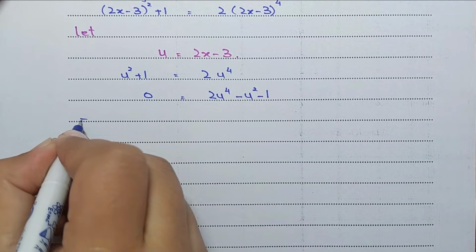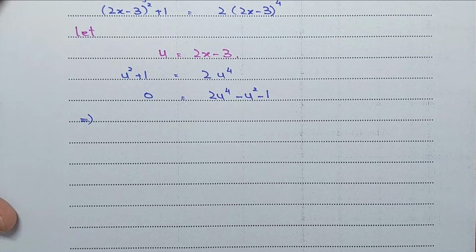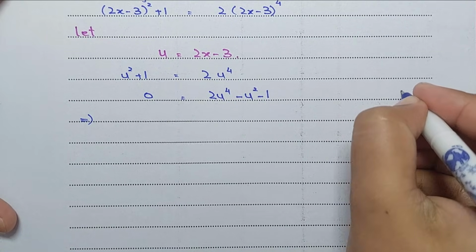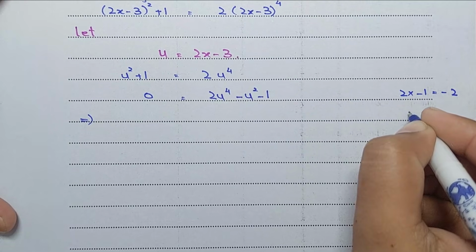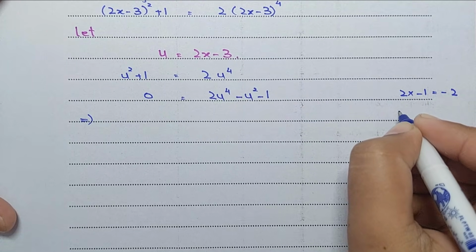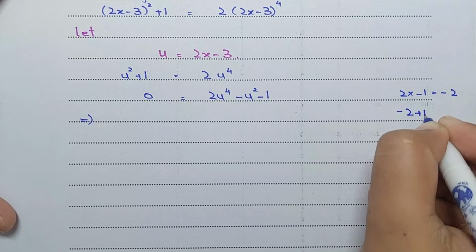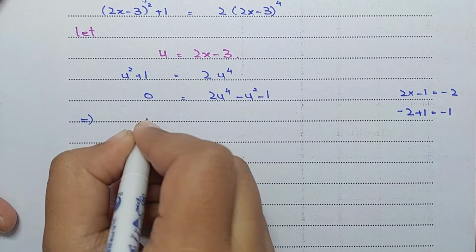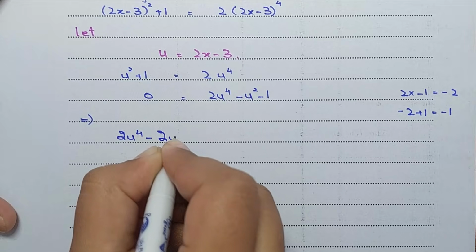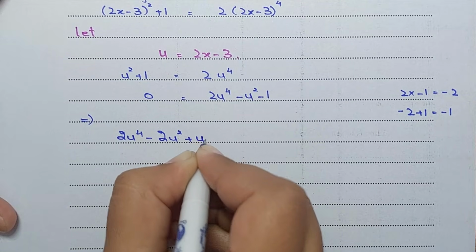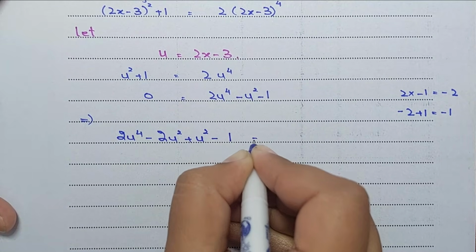Now we can factorize this. 2 times 1 is 2. So we can say 2 times minus 1 is minus 2. And minus 2 plus 1 is minus 1, right? So 2u to the power 4 minus 2u square plus u square minus 1 would be equals to 0.